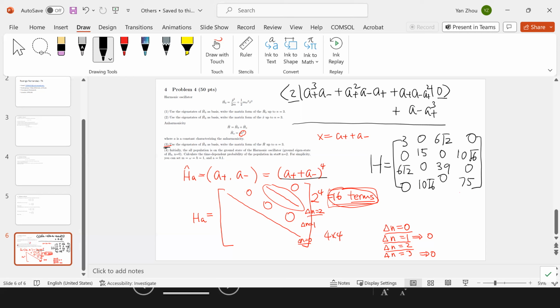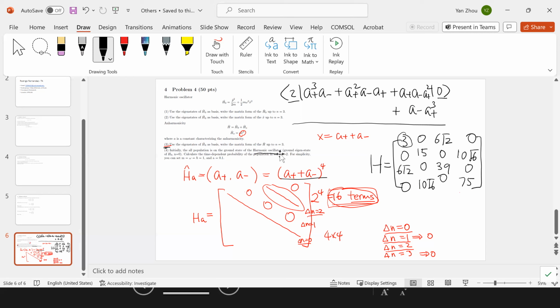Problem 4, that is initially all the population in the ground state of harmonic oscillators. So that means initially all the population in these states. And let's try to ask what's the time-dependent populations in all the other states.